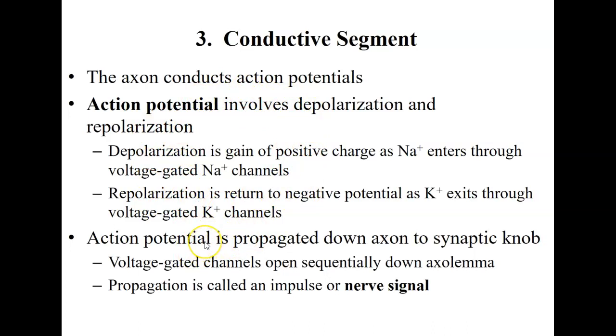And then the action potential is propagated down the axon all the way to the synaptic knob, or what we call the end bulbs. These involve voltage-gated channels that open sequentially all the way down the cell membrane of the axon, and then it's propagated, and it's called a nerve signal.